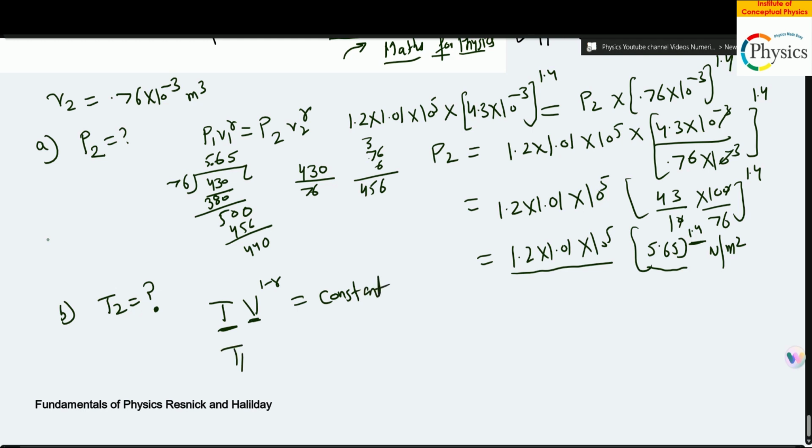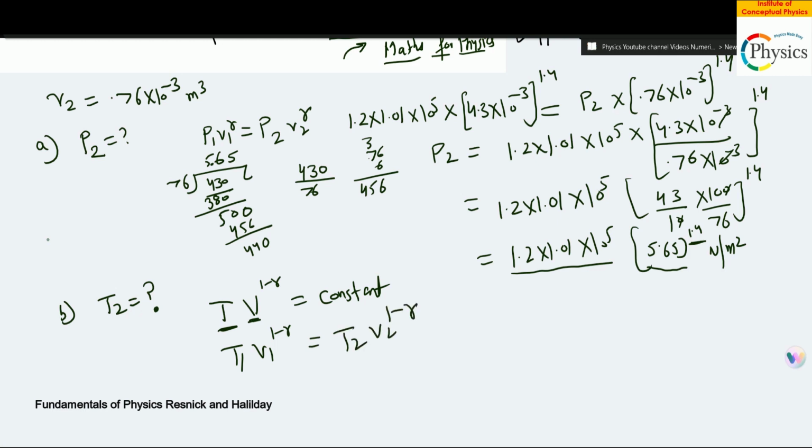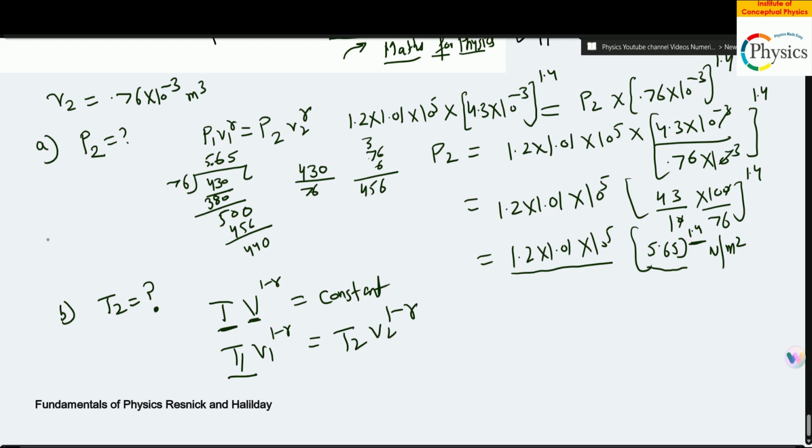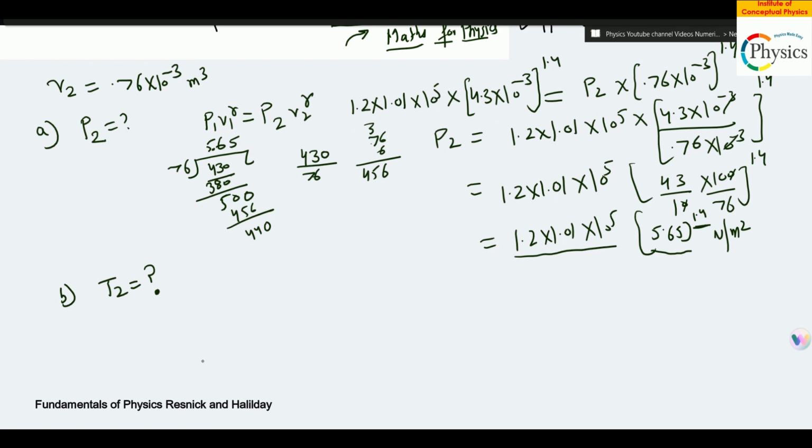Which means T1 V1 raised to 1 minus gamma is equal to T2 V2 raised to 1 minus gamma. This is the essence of this, right? So you again know what is T1. If you go back, you know what is T1. We will put the value of T. All right, so let's talk about T2 now.